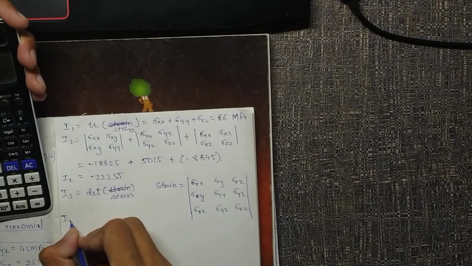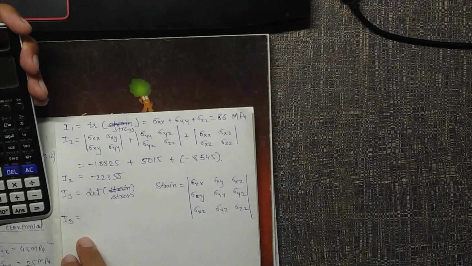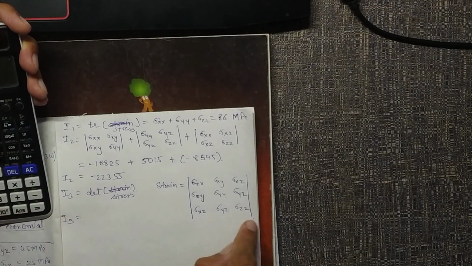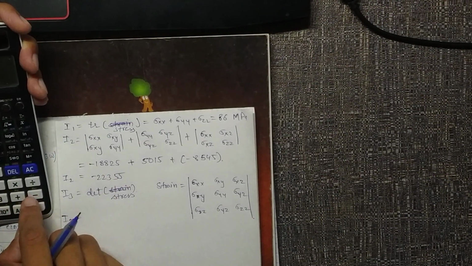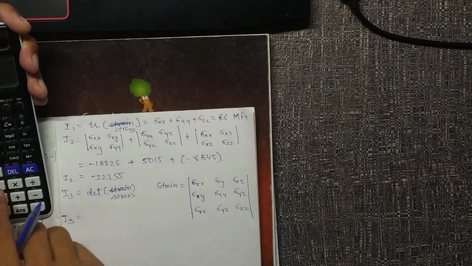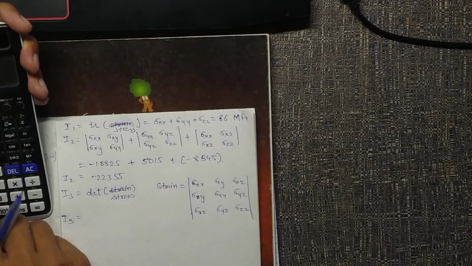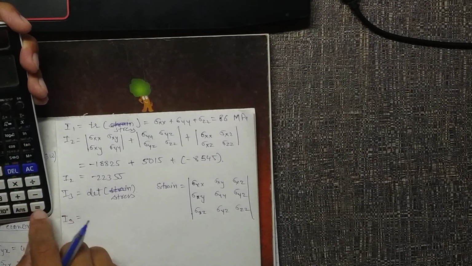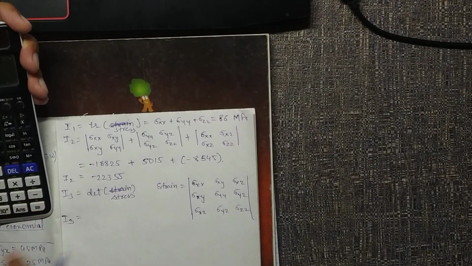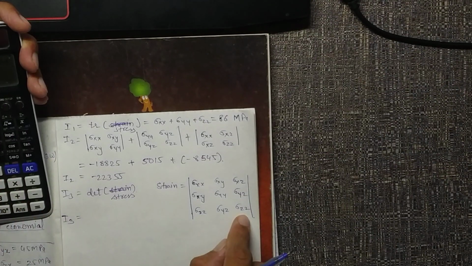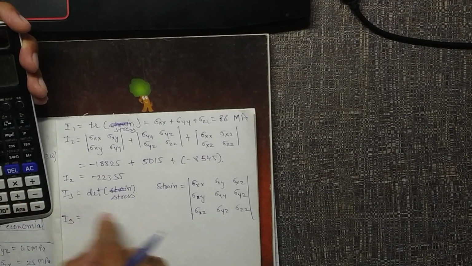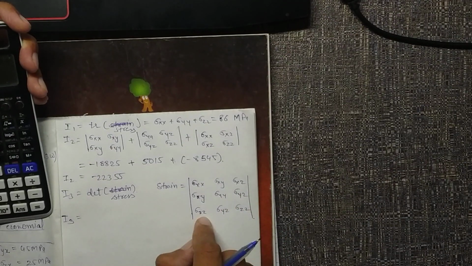So I3 will be equal to minus 120 into 140 into zz, that is 66, minus xy square, which is 65 square, again minus xy, which is 45 into xy, 45 into zz, which is 66, minus yz into xz.